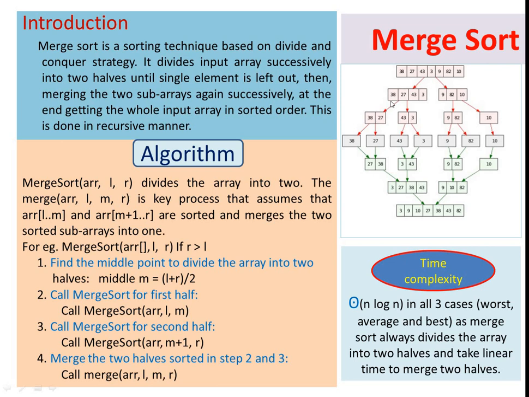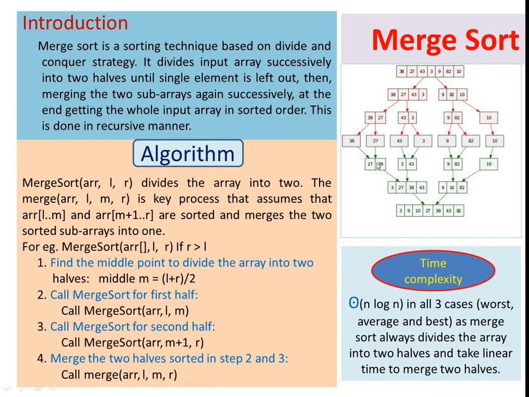Now the recursive calling of merge sort is repeated for the other parts of the array also, until a single element is left in each subarray. So 43 and 3 are merged to give the subarray 3, 43 in sorted order.